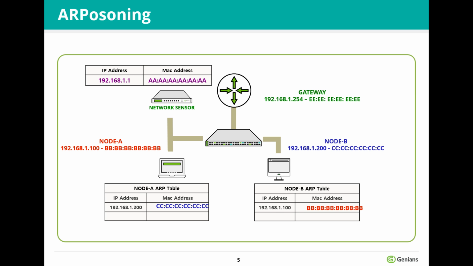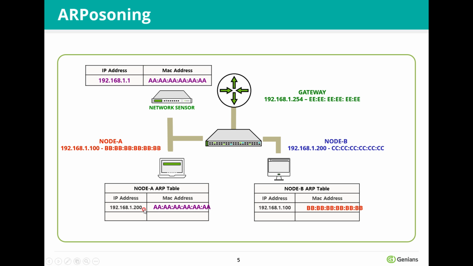If node A is blocked, the network sensor modifies the ARP table in node A by sending an ARP poisoning packet to node A, with the 1.200 IP address and the MAC address AAAA, which is the network sensor's MAC address.